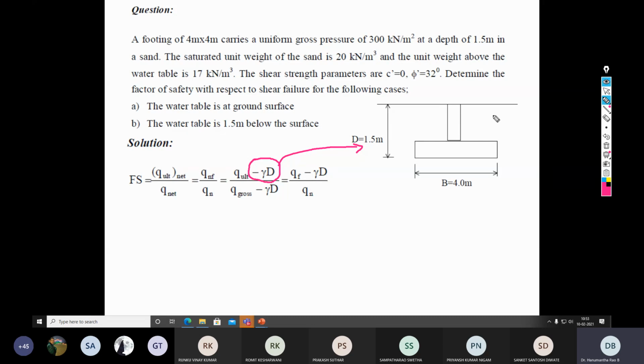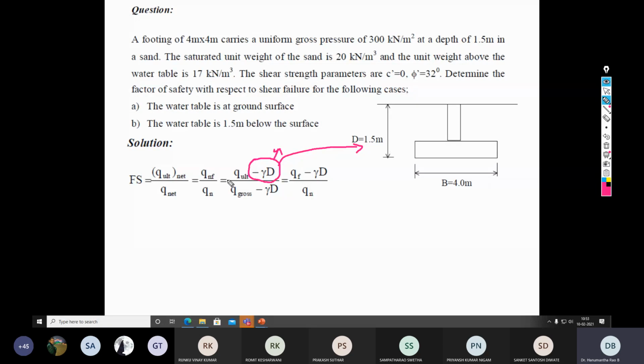Before the construction of the footing, the entire soil is excavated up to a depth of Df. That means you are removing this much overburden, and at the same time, once the footing is constructed, you are refilling the same amount of surcharge load. If you want to account for such a removal and recompaction of the soil, the same thing is rewritten in the form of net or net ultimate.